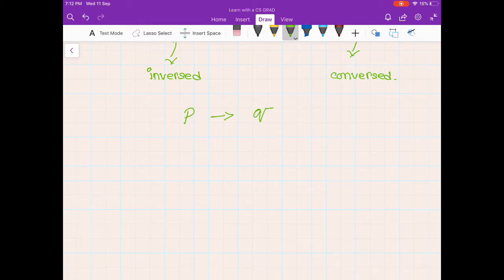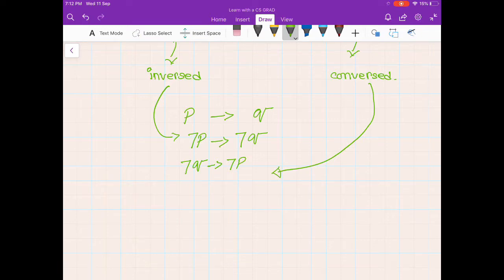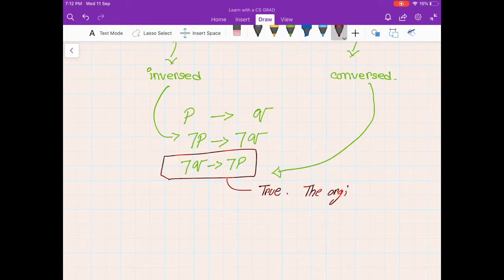We would inverse it first, so not P, not Q, and then we would converse it. We would swap the places. If we can prove that this statement is true, then the original statement would also be true.